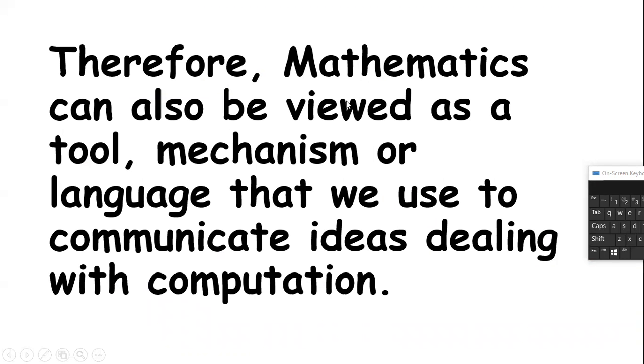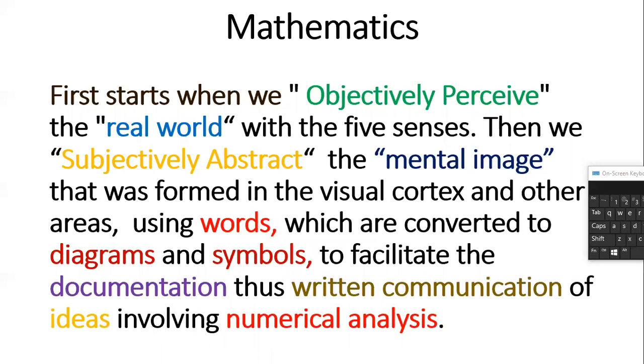And also you can say mathematics can be viewed as a tool, a mechanism or language that we use to communicate ideas dealing with computation. So instead of writing all those words in a paragraph, you just create some symbols, and it creates efficiency in communicating ideas, okay?